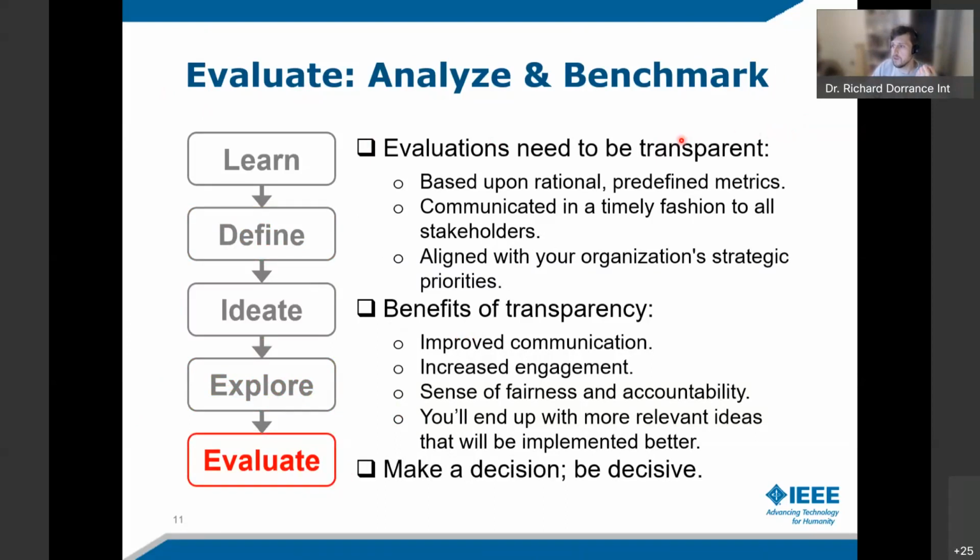One of probably the most important things about this benchmarking phase is it needs to be transparent. By transparent, that means it needs to be based upon some rational predefined metrics. So at the start, when you've defined the problem, there needs to be some targets, some goals to be able to judge whether or not it is a successful solution or not.